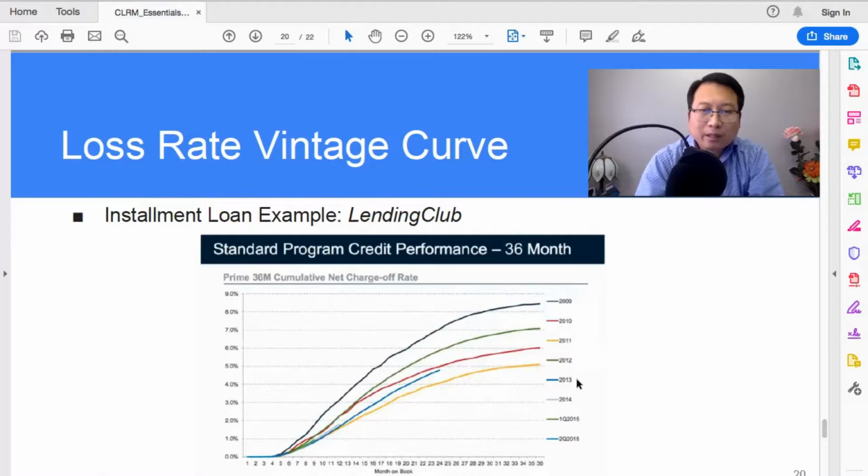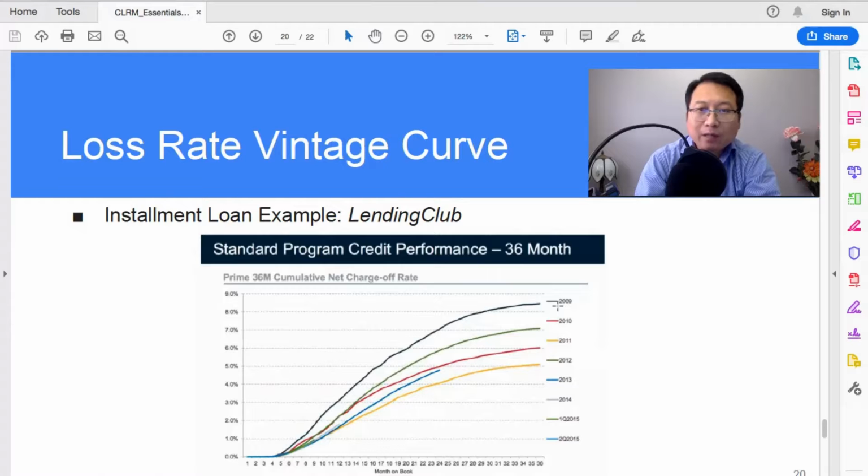You can see the different vintages. The earliest is 2009. At that time there was still the recession, the great financial crisis. That's the reason the cumulative loss rate is the highest, almost 9%. So you lose 9% of the loans you extended in the year 2009.